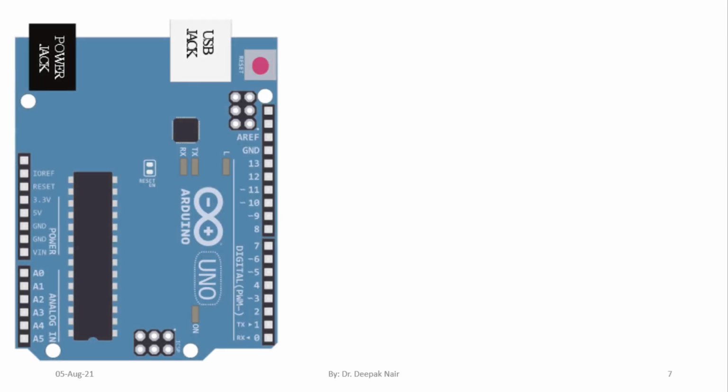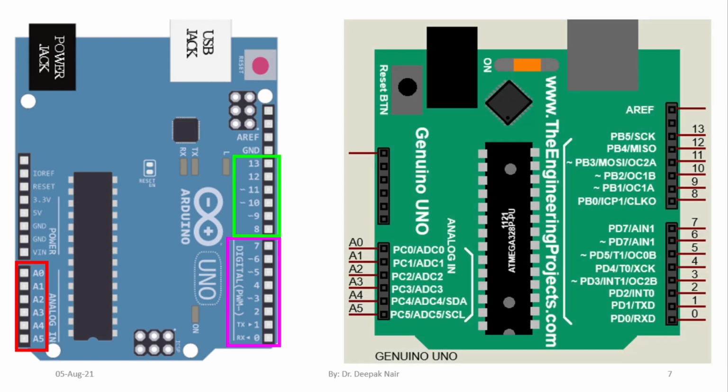So if you want a similar view, just like the Arduino hardware, I can suggest you one website called engineeringprojects.com. You can go to that website and download the libraries which are available for Arduino Uno, Arduino Mega and so on. I can show you that website, just give me a second.